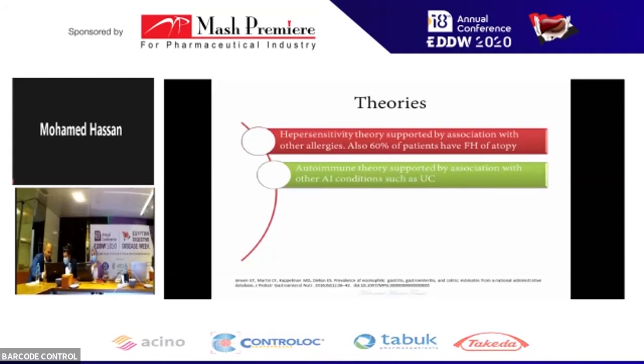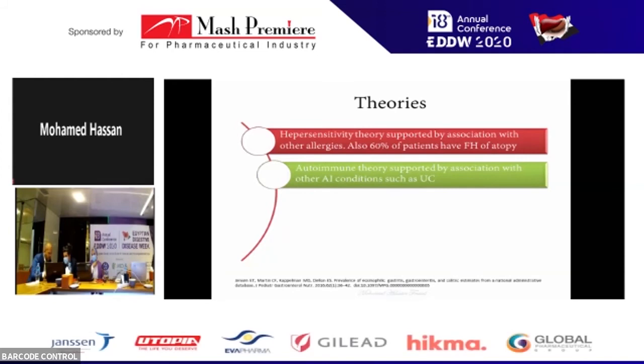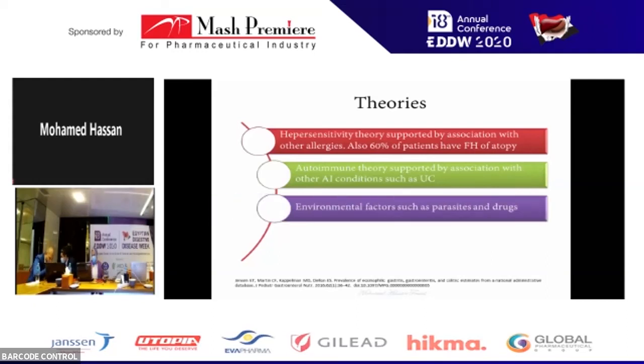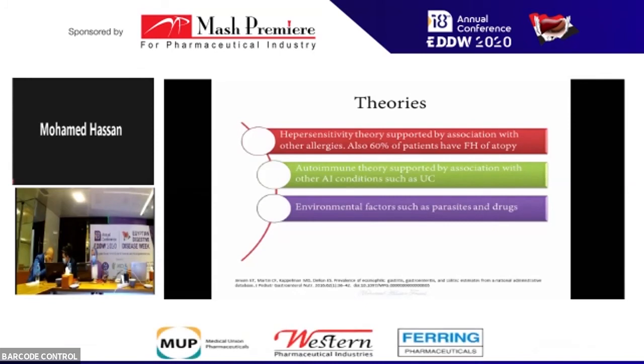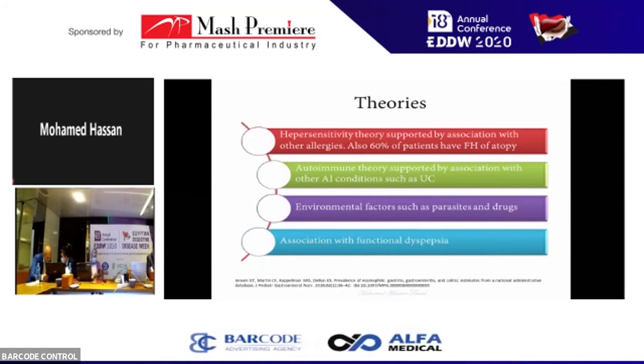Another theory states that it might be an autoimmune disease, and this is supported by its association with other autoimmune conditions such as ulcerative colitis. The third theory implies that there are environmental factors such as parasites and drugs that share in the etiology of eosinophilic gastroenteritis. Also, it's sometimes associated with functional dyspepsia.